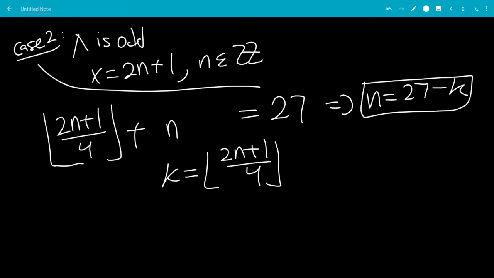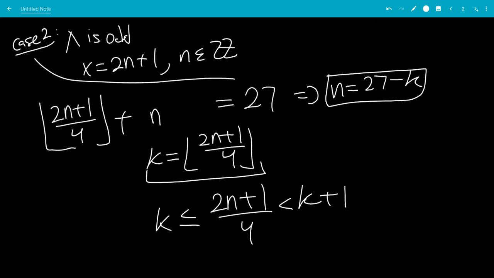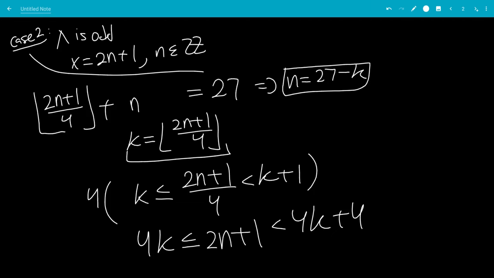Okay, that's good. So this k equals floor value means that 2n plus 1 over 4 is greater than or equal to k, and less than k plus 1. Okay, good. Now we can multiply by 4 on both sides, leaving us with 4k less than or equal to 2n plus 1, less than 4k plus 4.